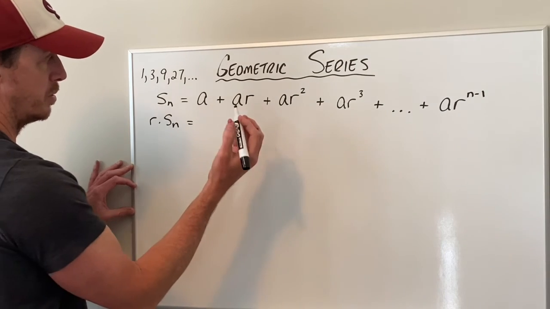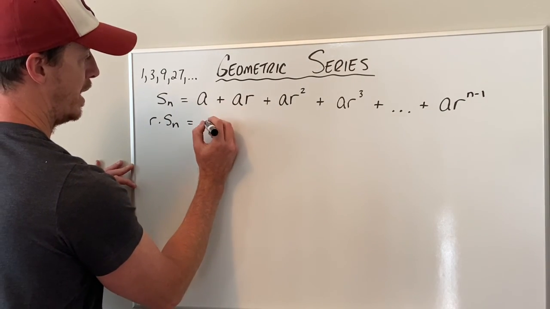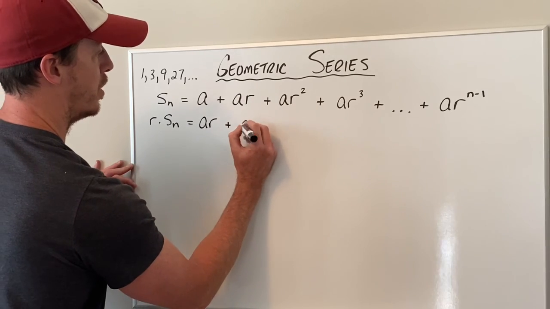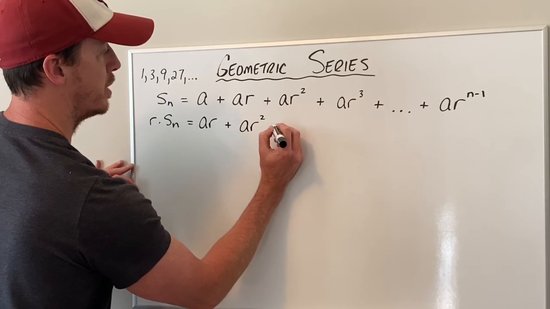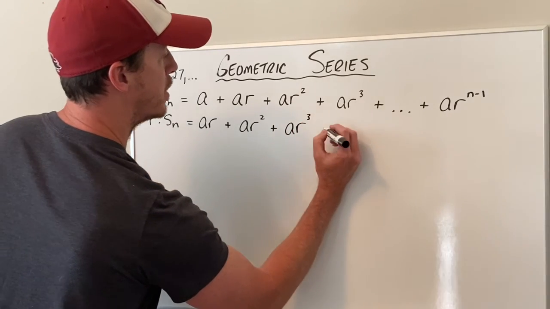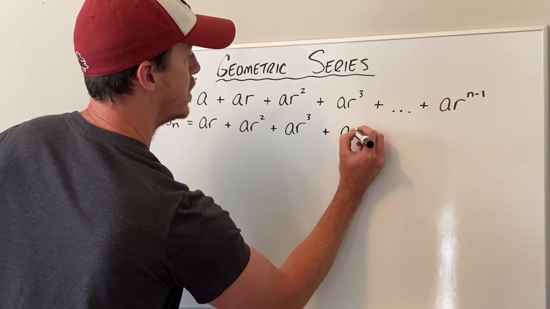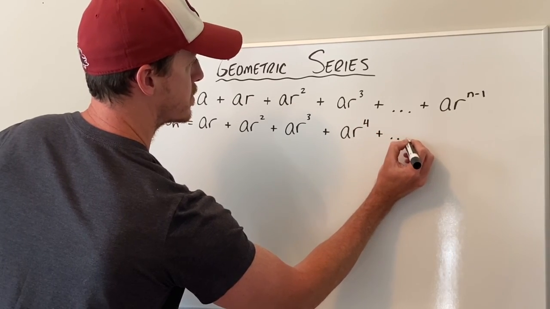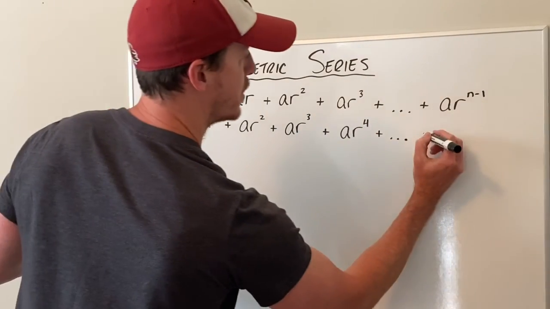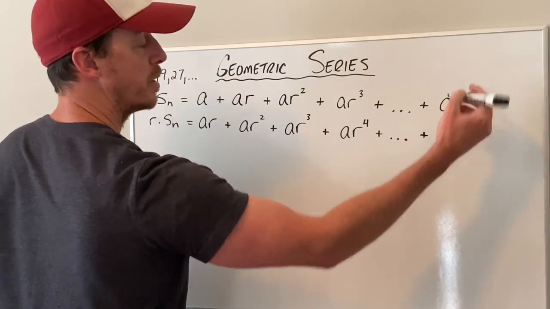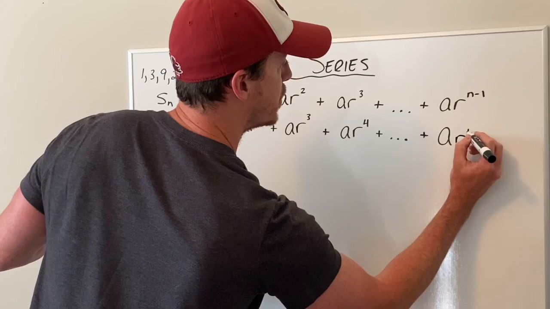So you can guess what would happen here. That A is now AR. The AR is now AR squared. And basically every term just has one more R being multiplied than it did before. You'd eventually get to this one, and one more R, if it's R to the n minus 1, would just make it R to the n.